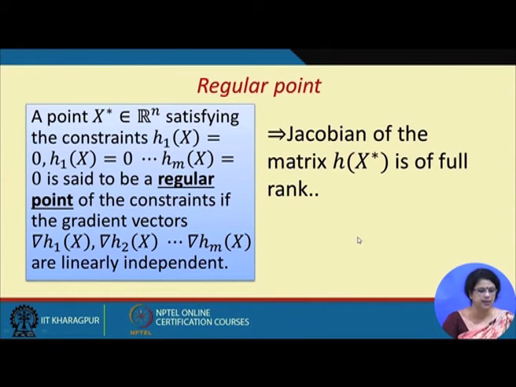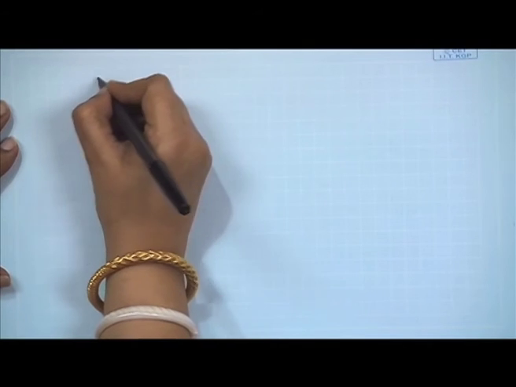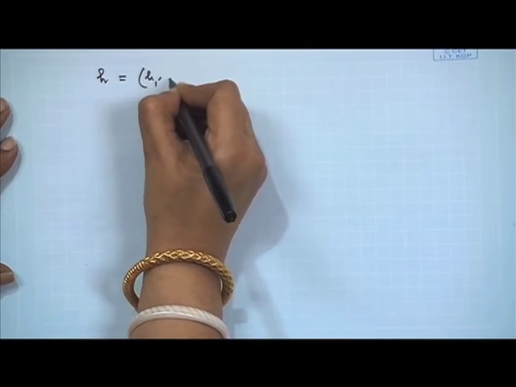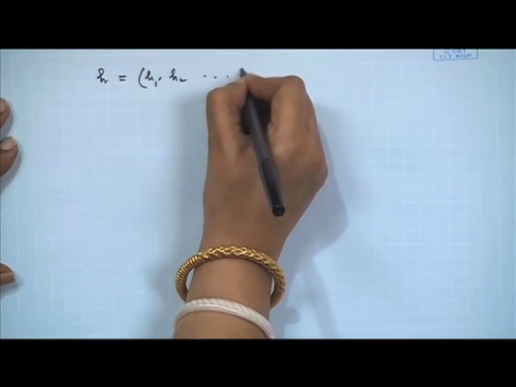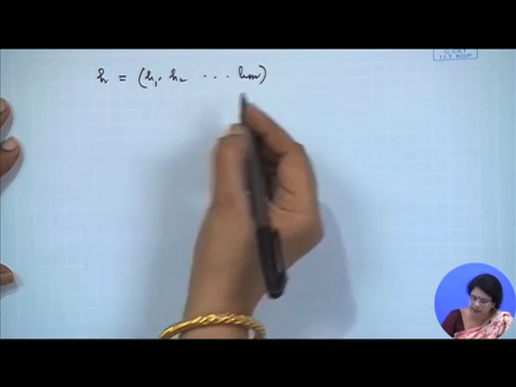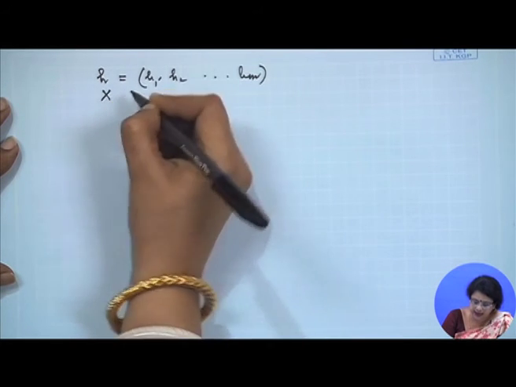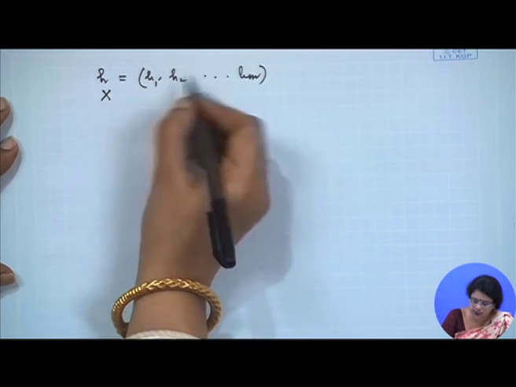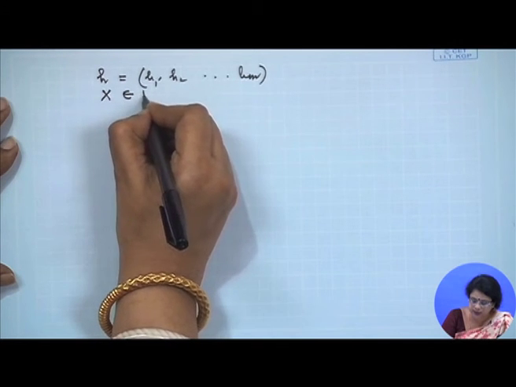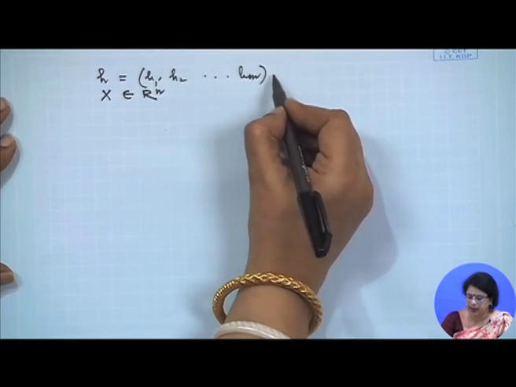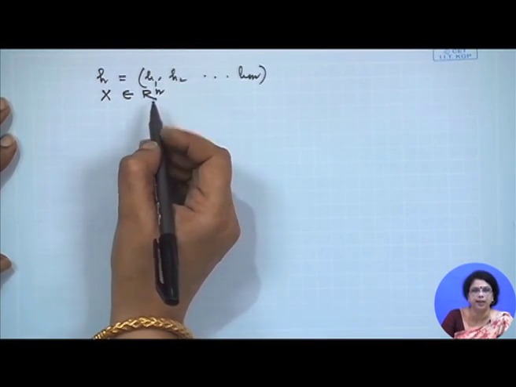I will tell you. What is the Jacobian of H(x star)? Now, we know H is equal to H1, H2, up to Hm. There are m number of constraints, and these are all functions of x which belongs to Rn. That is why m number of constraints, n number of variables.